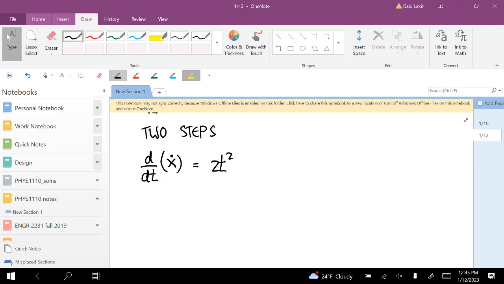It's just 1. Okay, it's a pretty boring function, but it's just whatever you have to multiply to this 2t squared function to get the whole thing on the right side of that equation. So we have d x dot is equal to 2t squared dt.